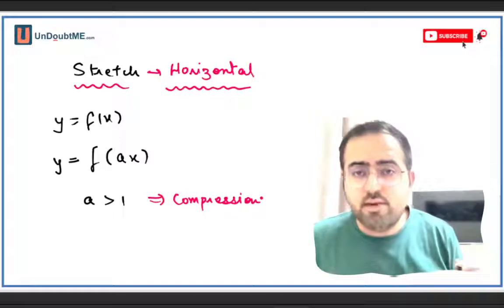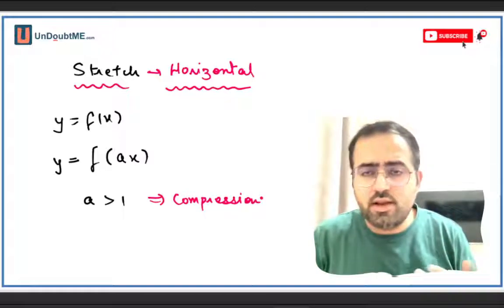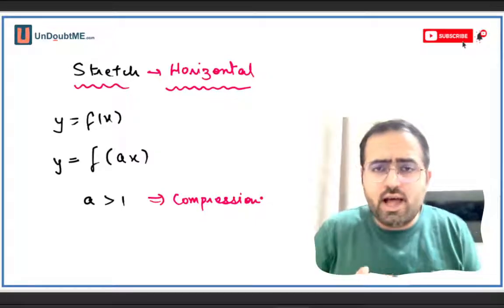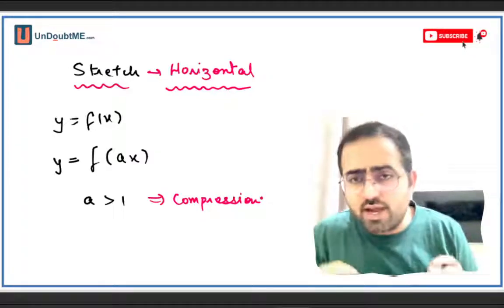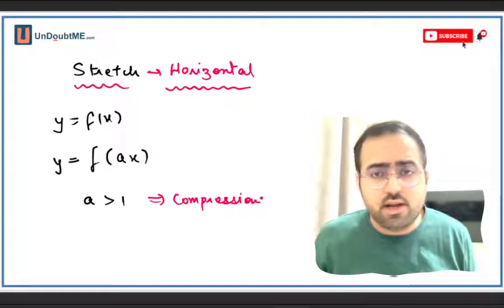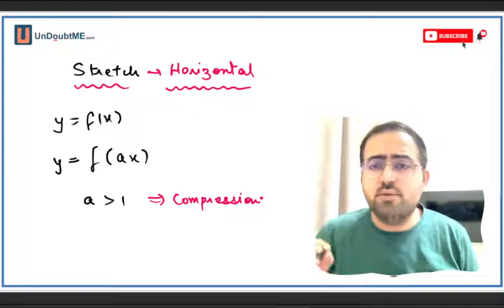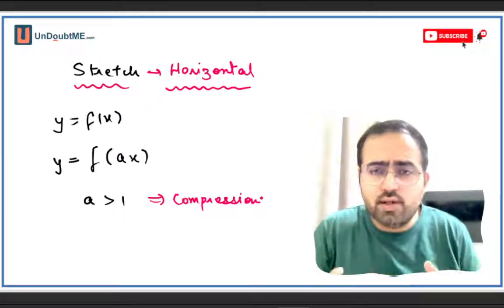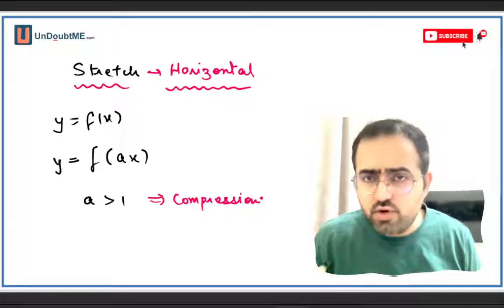To understand this better, you can take any example. You can take y is equal to sin x, put it in the graphing calculator, and then make a graph of y is equal to sin 2x. You will understand that values of a greater than 1 create compression. It will be compressed by a factor of a. If I say y is equal to sin(2x), it will be compressed by a factor of 2.